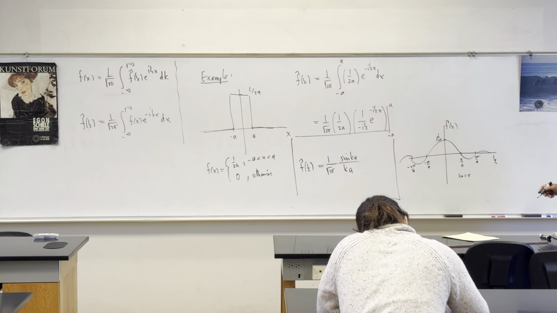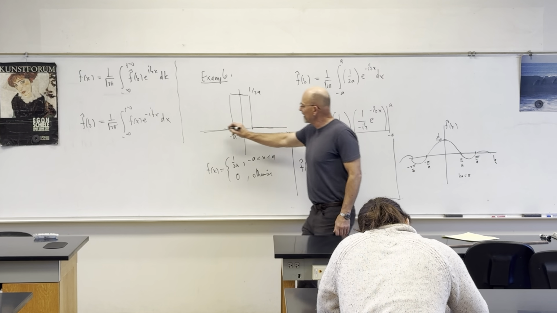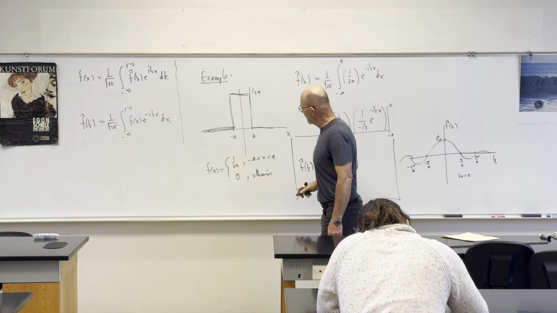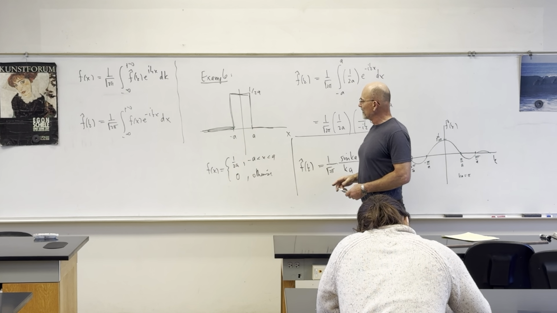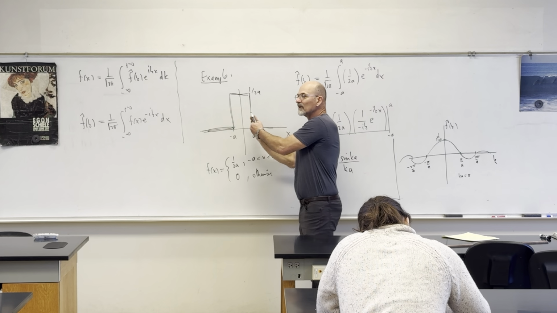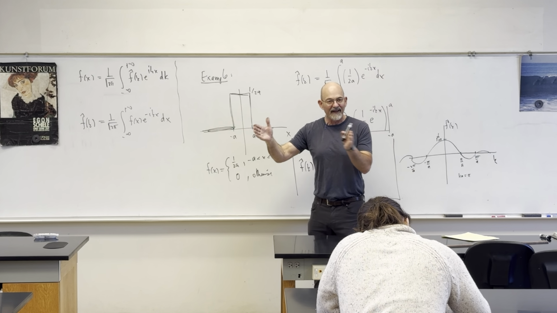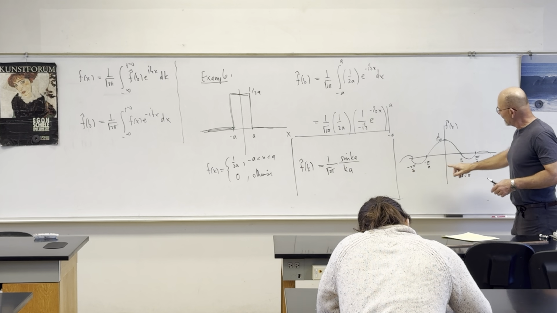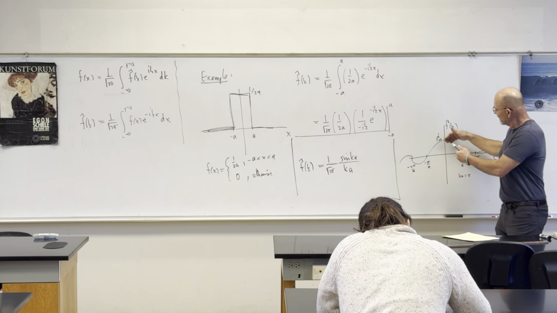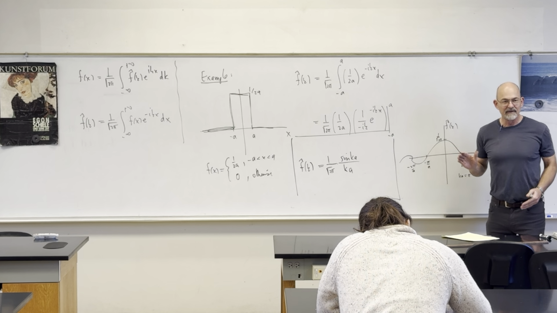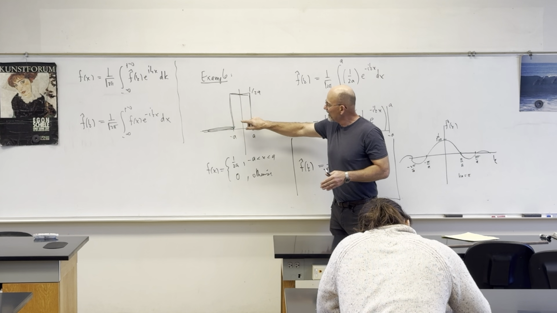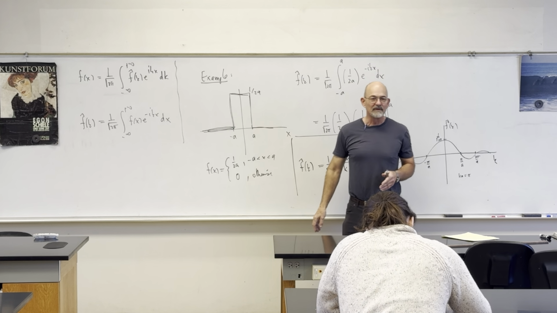So this graph has a very interesting property because the original function, this spike here, as a gets smaller, this spike gets narrower and higher. Whereas the Fourier transform, as a gets smaller, this maximum here gets wider. So that inverse relation between the Fourier transform and the original function is crucial.